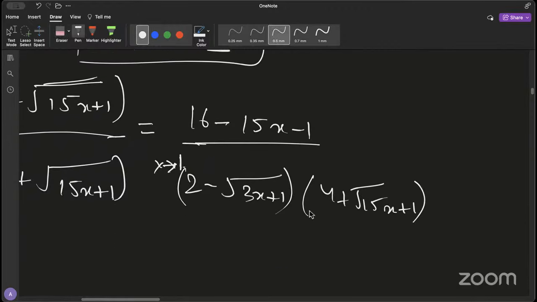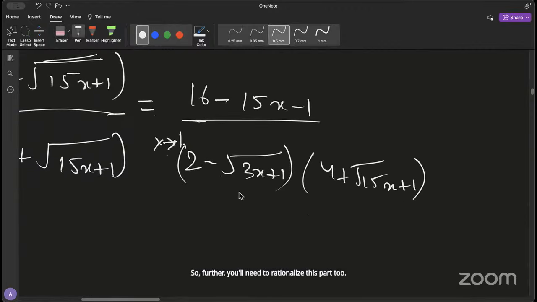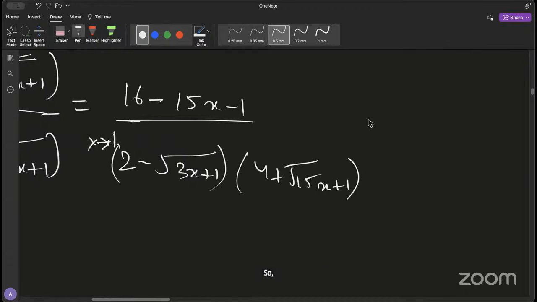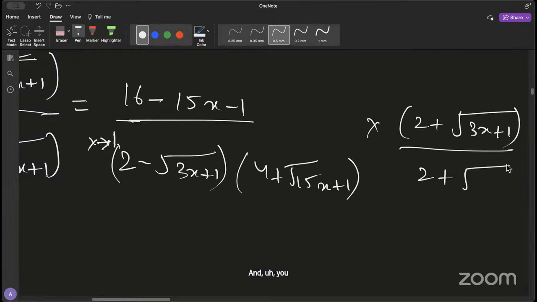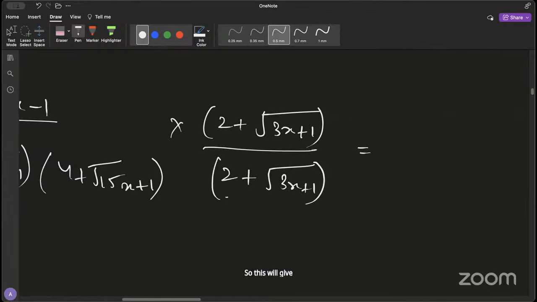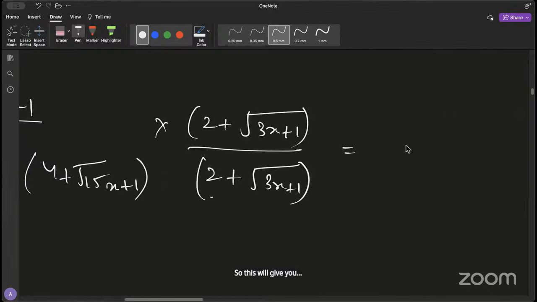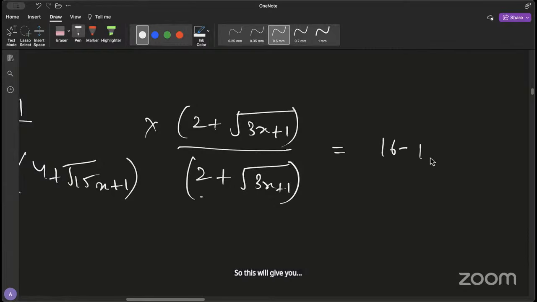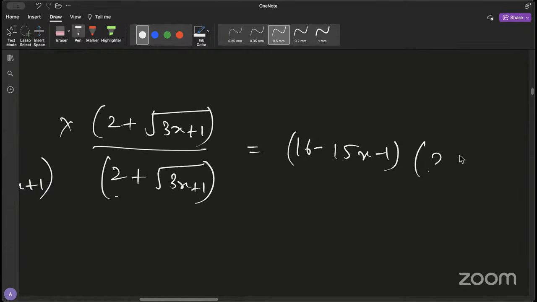So further, you will need to rationalize this part too. This one has not been rationalized yet, right? So for this one, you will multiply with 2 plus square root of 3x plus 1, and you will do 2 plus square root of 3x plus 1. So this will give you 16 minus 15x minus 1. This is 2 plus 3x plus 1.